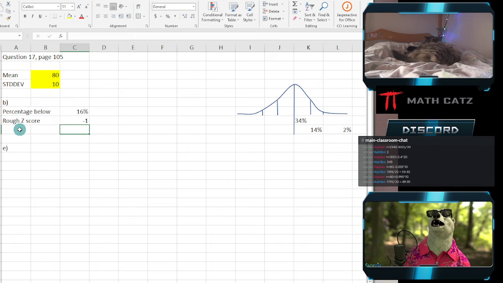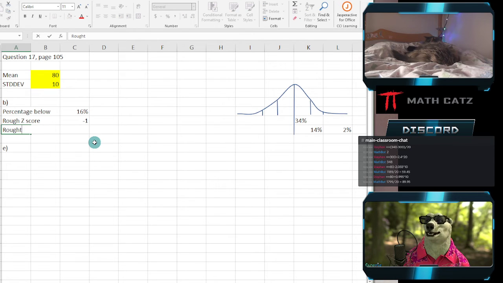And then I want to say what is the corresponding, still rough, raw score, let's call it x. For that, I will use the formula, of course, the mean plus the z-score times the standard deviation.